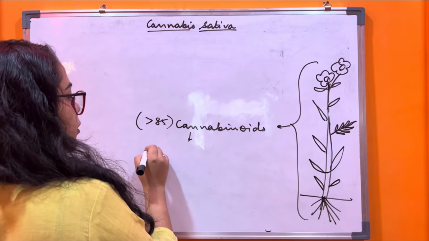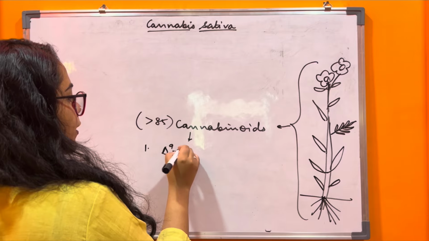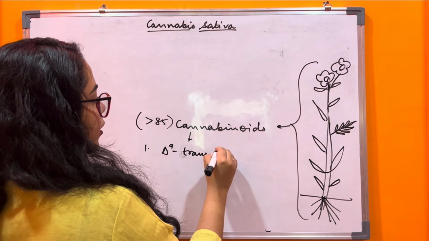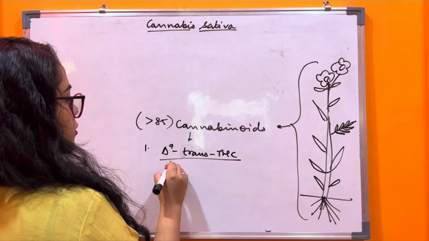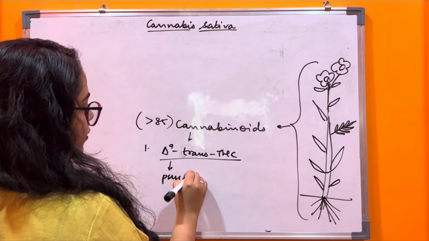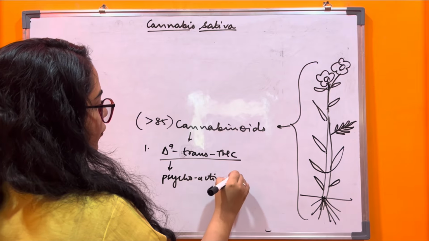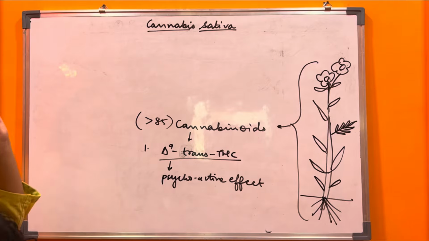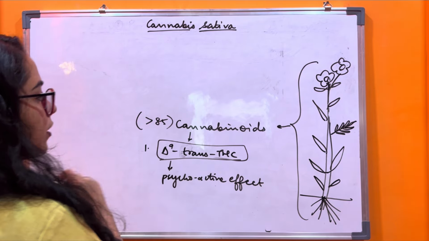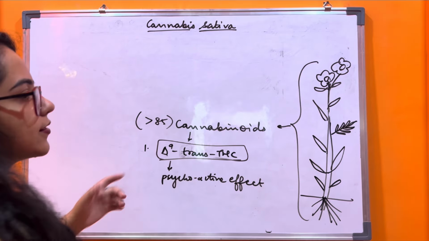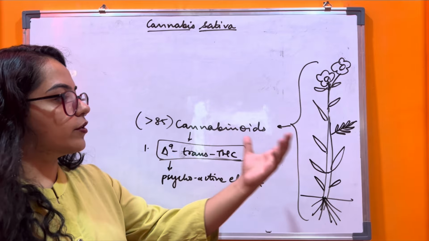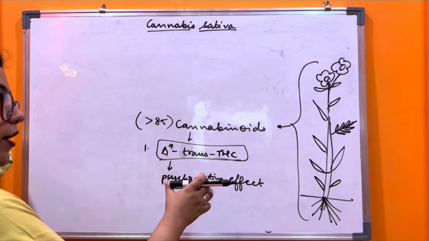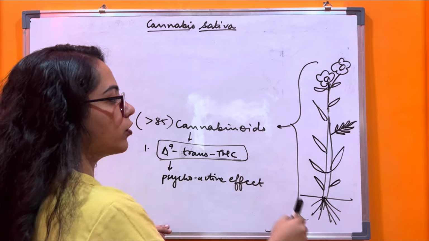From these 85 compounds, there is one chemical called delta 9 trans THC, which is responsible for the psychoactive effect on the human nervous system, right? So this trans delta 9 THC is the main principal active component of this plant cannabis sativa, and the distribution of this chemical trans delta 9 THC varies throughout the plant.